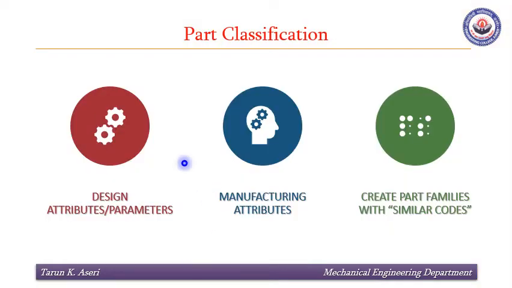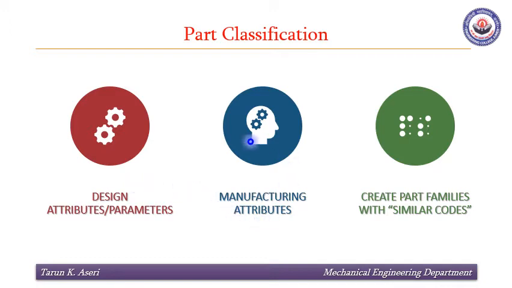So here we are going to deal with three types of part classification. First, based on design attributes or parameters: whatever kind of objects we need to segregate, we make them part of a part family. We collect the design parameters, and based on the design parameters we make the part family.